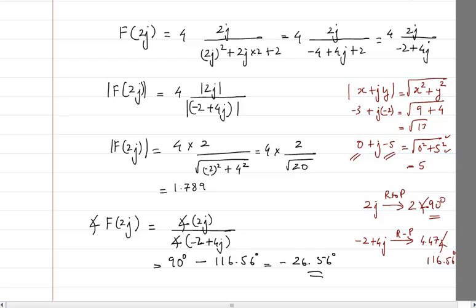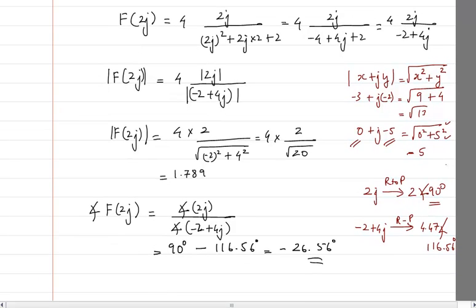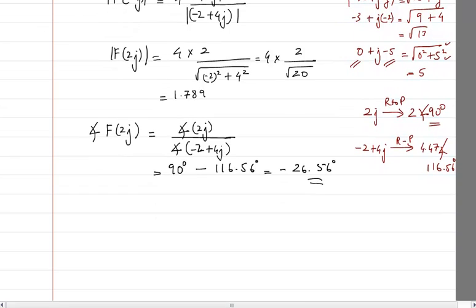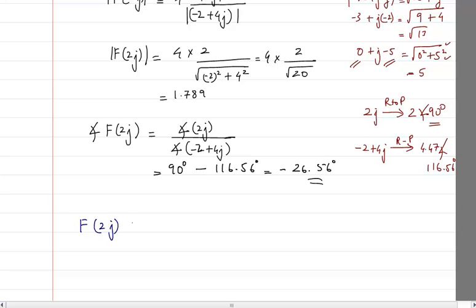Now actually there is a very easy method for doing this again, for you to check if you have done correctly. Take the calculator and calculate F(2j) as 4 into 2j divided by minus 2 plus 4j. Just use a calculator and solve this.